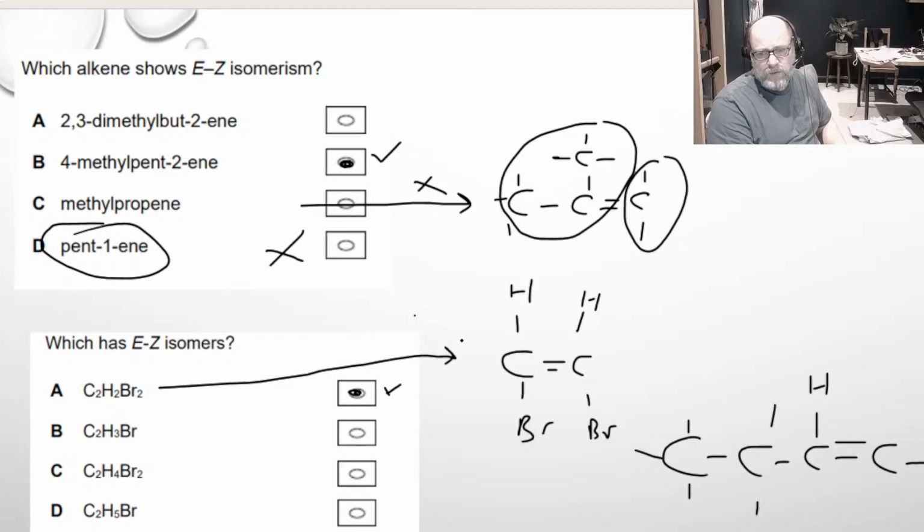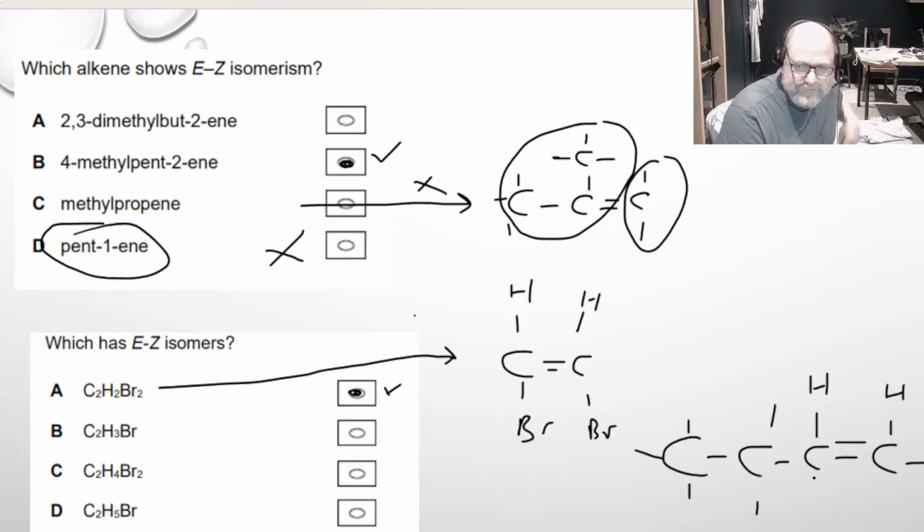What did we say? 4-methyl. So if that's 1, that's 2, that's 3, that's 4, I can put a methyl group there. That's going to be a dodgy group there, but yeah, this can definitely work because you could have the 2 hydrogens there, and you could have this methyl group and this group down here.